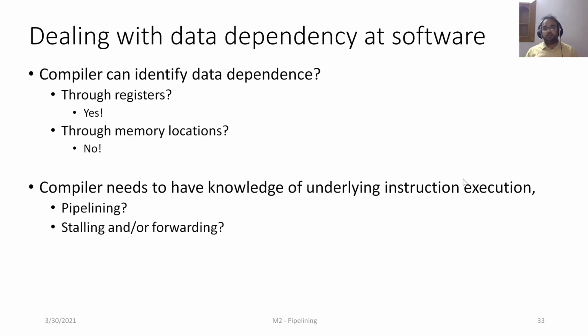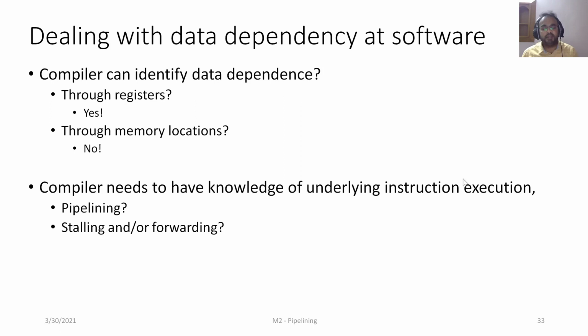Along with that, it also needs to know whether at the hardware some functionality like stalling and data forwarding is present or not, because if we build a pipeline that does not have any of these, then the onus is completely on the compiler to make sure that the instructions are spaced enough that there is no overlap in their execution, because the underlying hardware does not have the hazard detection unit at all.